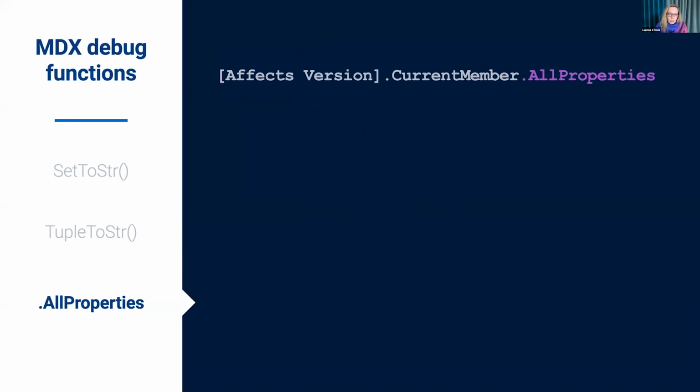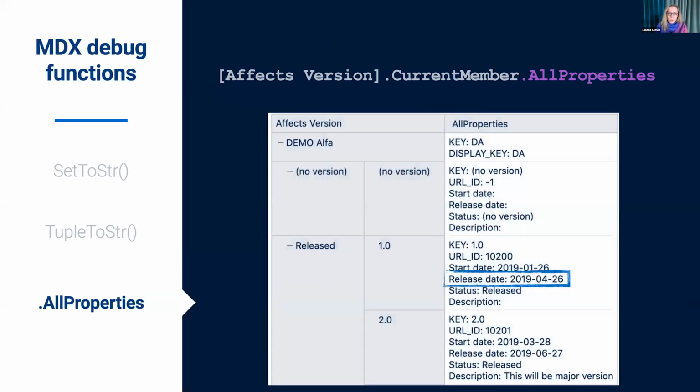And last but not least is the EasyBI specific AllProperties function, which is useful in two ways. When we specify that we want to see all properties from a member, we get two things out of this. We can get the exact name of the property if we want to use it in the calculation.